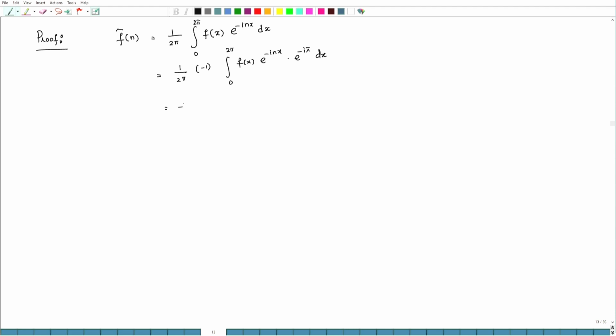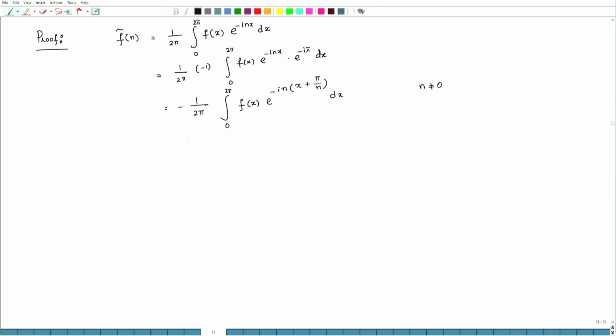So, this is minus 1 by 2 pi integral 0 to 2 pi f of x e to the power minus i n x plus pi by n dx. I will take n not equal to 0, because we are interested in large values of n. So, we can assume this.